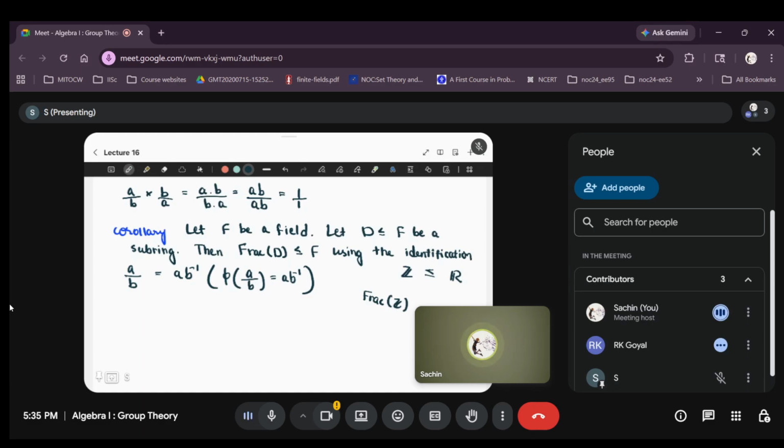Set of all A by B such that B is not equal to zero. What is it called when A and B are integers? No, why? No, Z and frac Z are two different sets.